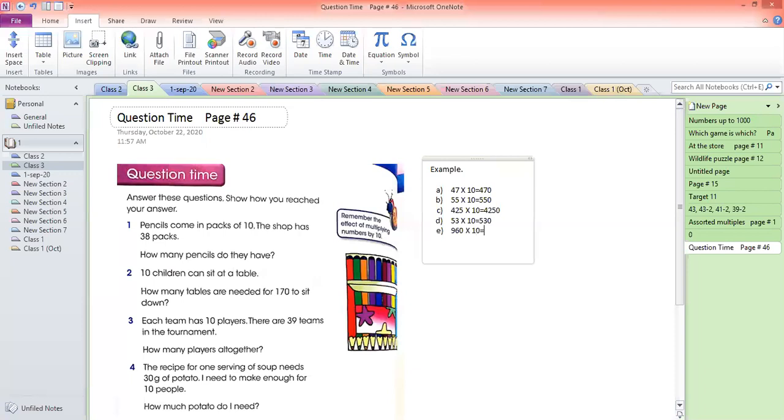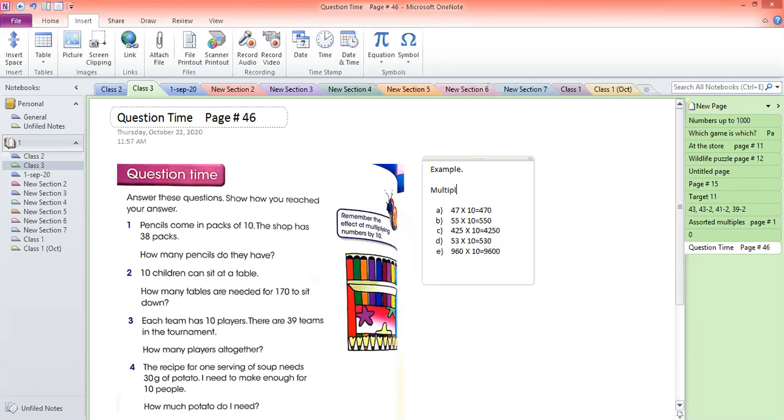So you will write 960 first, because 960 is the number you are multiplying by 10, and because you are multiplying by 10, you will add 0 on the right side, so it will become 9600.